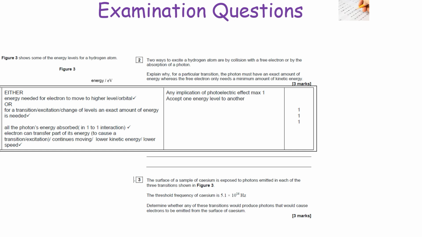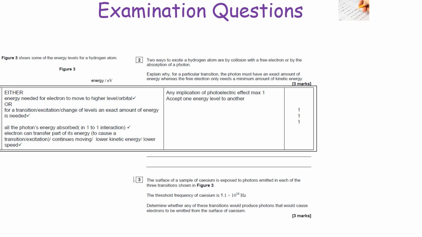Now for the next question, what you've got to do is work out what the work function is going to be for cesium based on the threshold frequency, and compare it to the transition to see if any of them would cause electrons to be emitted, because the energy of the transition needs to be greater than the work function.